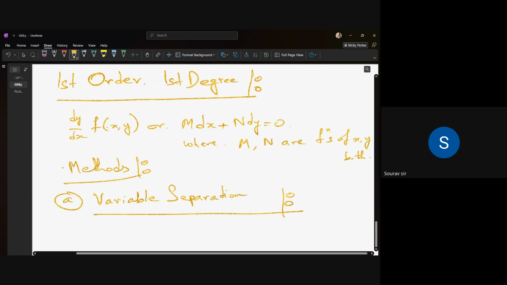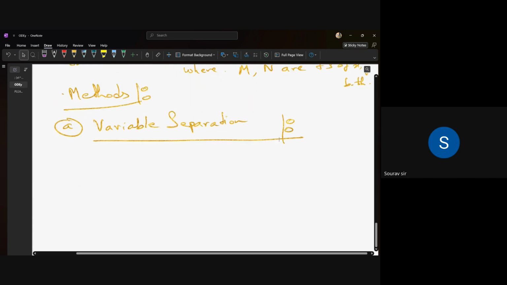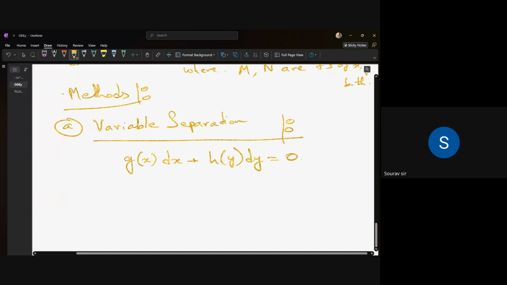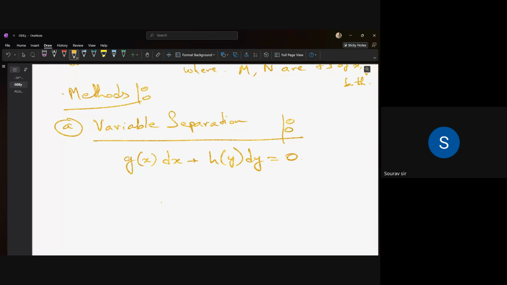Basically, an equation whose variables are separable and can be put in the form, let me write it, is called an equation of variable separable form. Now integrating these parts, basically this and this, we will get the result.